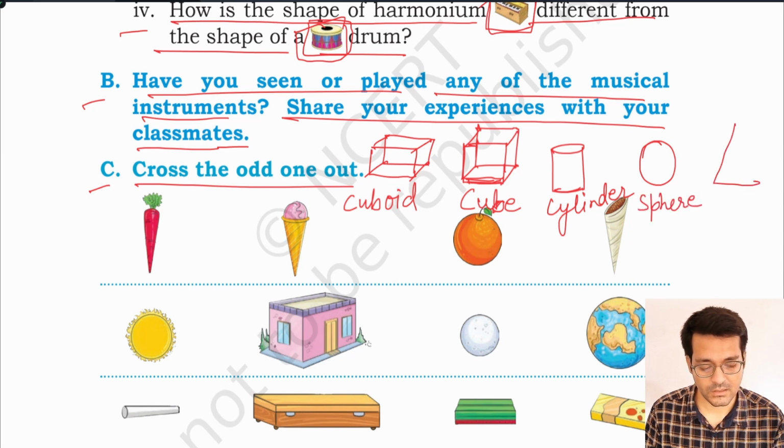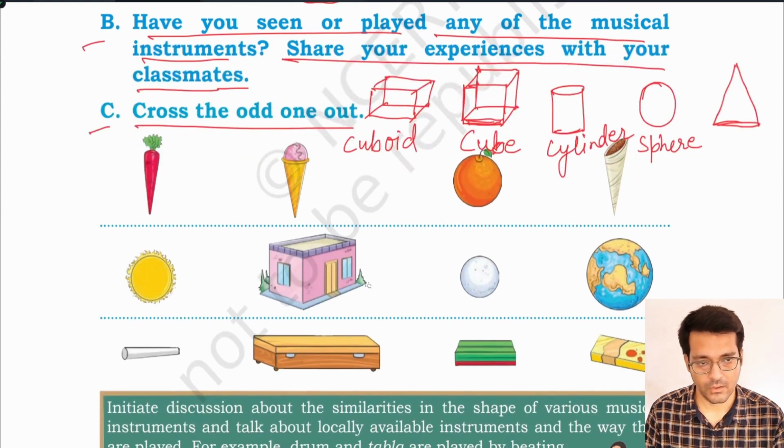And there is another thing in the shape of a cone. Your birthday cap or paper fold like a paper cone, ice cream cone or this carrot. These resemble the shape of cone.